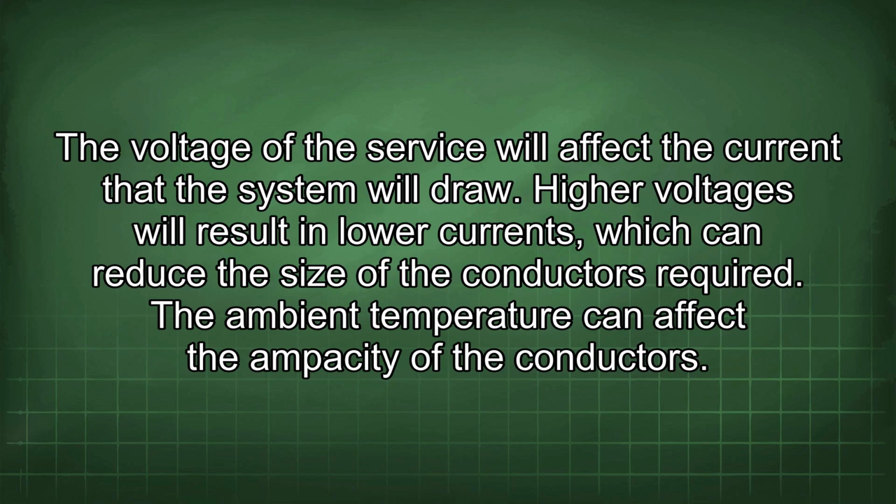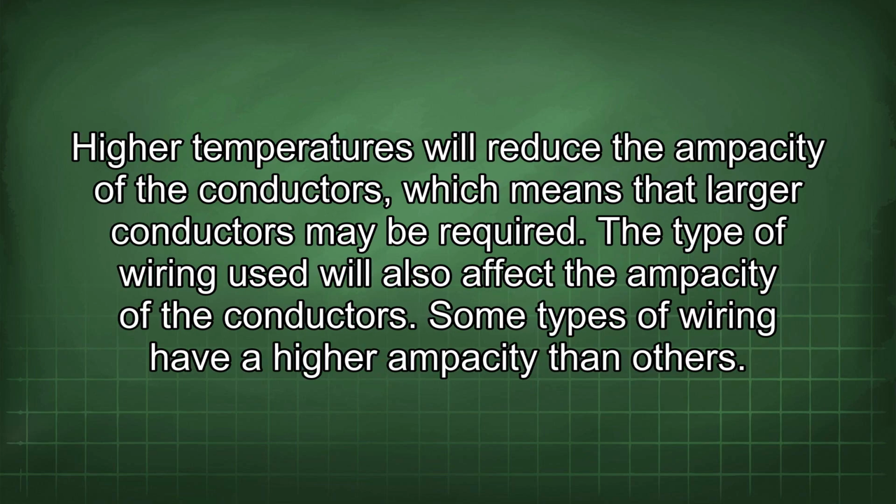The voltage of the service will affect the current that the system will draw. Higher voltages will result in lower currents, which can reduce the size of the conductors required. The ambient temperature can affect the ampacity of the conductors. Higher temperatures will reduce the ampacity of the conductors, which means that larger conductors may be required.